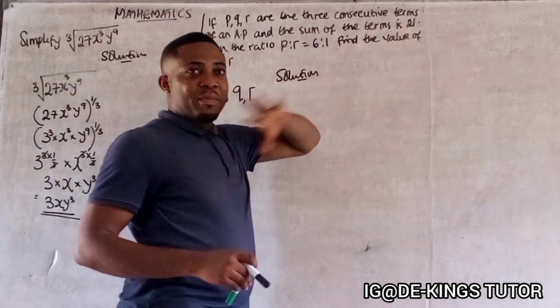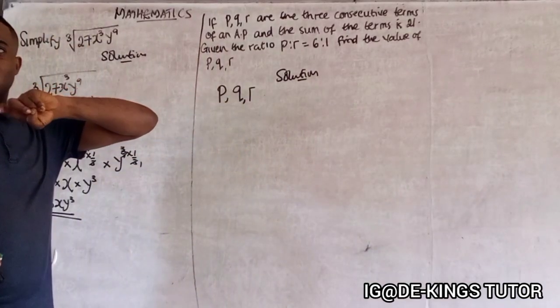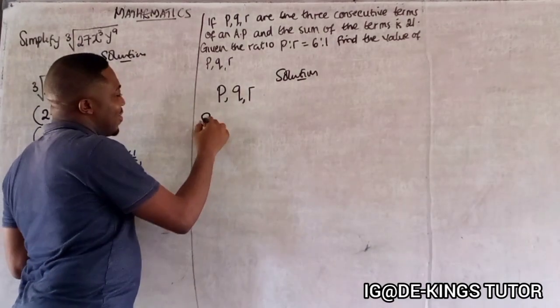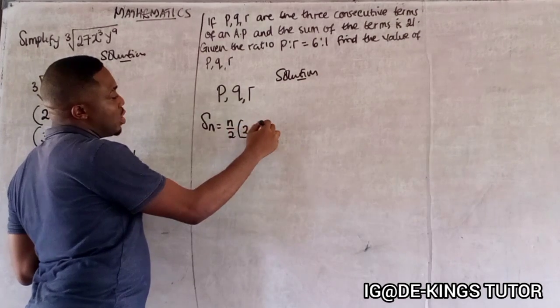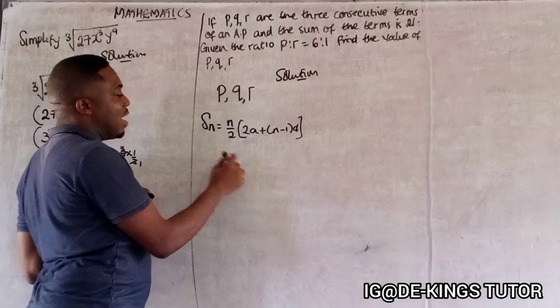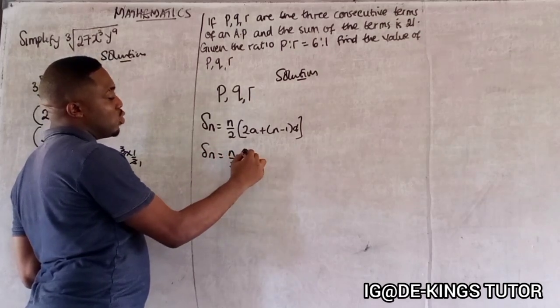Now, if you remember our sum of AP, we had 2 formulas. If you remember, we have S_n equals n over 2 into 2a plus (n minus 1)d as the first formula. And we have another one, S_n equals n over 2 into (a plus l).